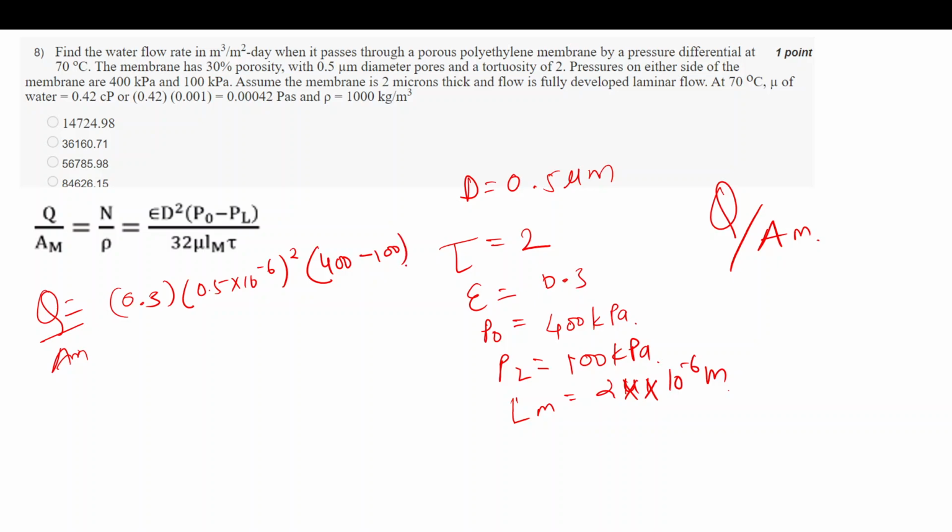Now these are in kilopascals, so you need to multiply with 10 to the power 3 to convert into pascals. Next is 32 in the denominator. Viscosity is 0.00042, into Lm, which is 2 into 10 to the power minus 6, and tortuosity is 2. Please calculate.